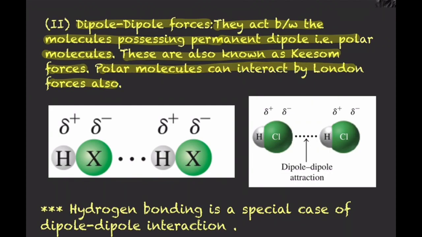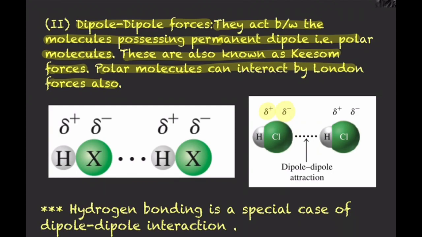We know that if we discuss hydrides of halogens like HF, HCl, HBr and HI, all these molecules are polar in nature due to the difference in electronegativity of the hydrogen atom and the halogen atom. So HCl is a polar molecule, and because of that electronegativity difference, the shared electrons will be shifted towards the chlorine atom, so there is a partial negative charge on chlorine and a partial positive charge on hydrogen.